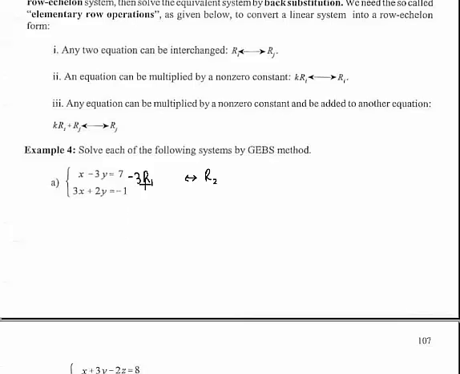If I just focus on the x, if I take the x term and multiply it by -3, that would give me a -3x, and then if I added it to the second row, then I would get a resulting equation with no x variable. The -3 here and the 3x in the second row would cancel out and leave me with 0. Okay, whatever I get from performing these operations, I'm going to replace row 2 with that.